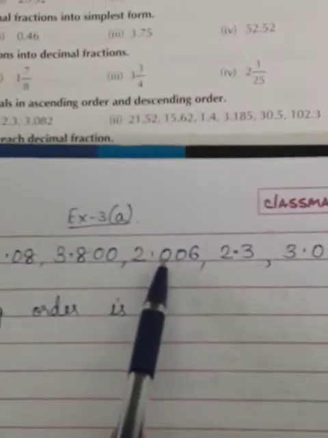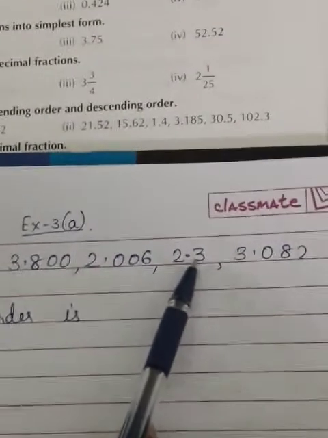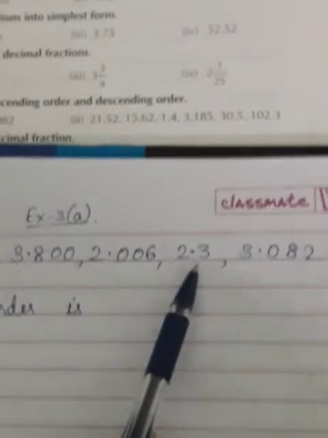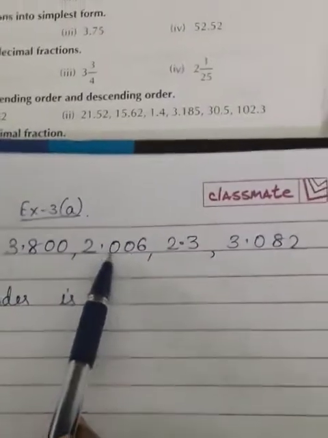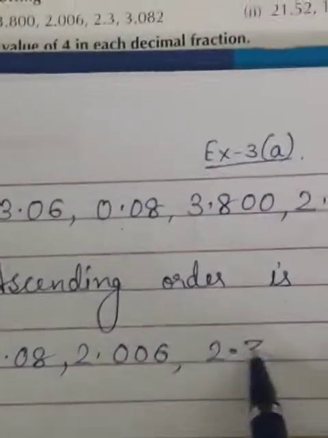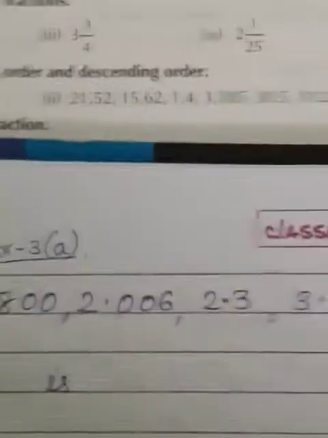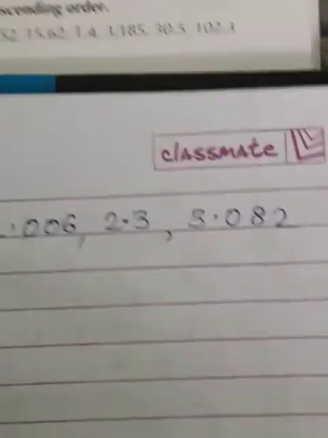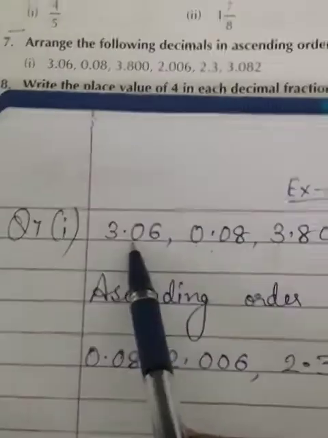After the decimal here is 0, after the decimal here is 3. That means this is small, because this has 0 here and this has 3. 3 is bigger than 0. So this is the next after that: 2.006, then 2.3. Okay, now from these 3, 3, 3: 3.0 this is 3.8, this is also 3.0.